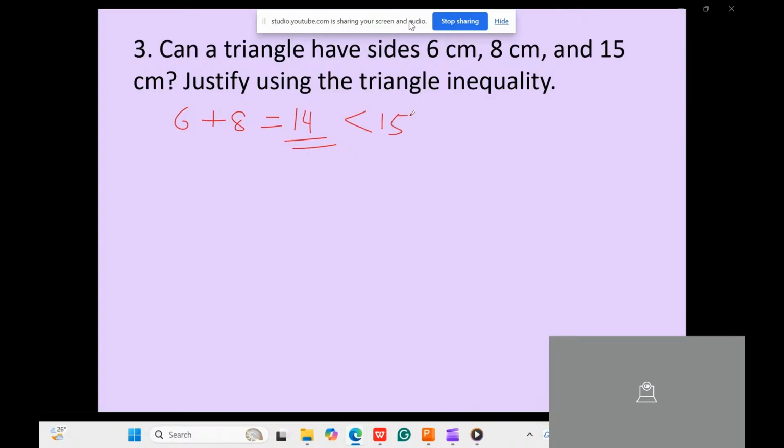According to the property, the sum should always be greater than the third side. So here at the first attempt itself, we are getting that it is not. So hence we will say that this measure of sides is not possible. It doesn't make a triangle.